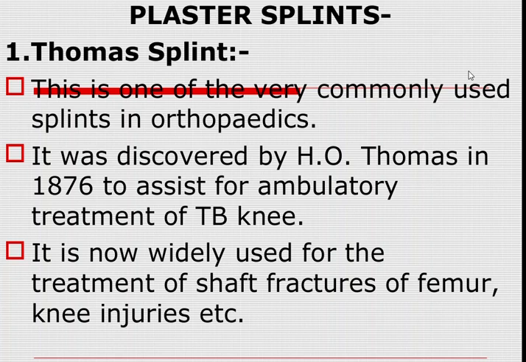It is now widely used for the treatment of shaft fracture of the femur, knee injuries, etc. You already learned about the parts of the bone, so you can understand the shaft fracture of the femur and knee injuries. The Thomas splint can be used.